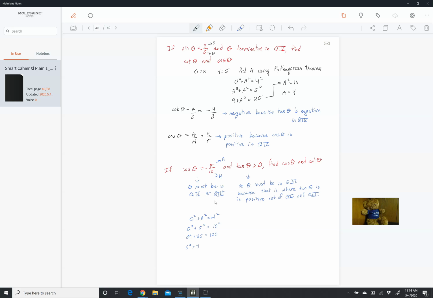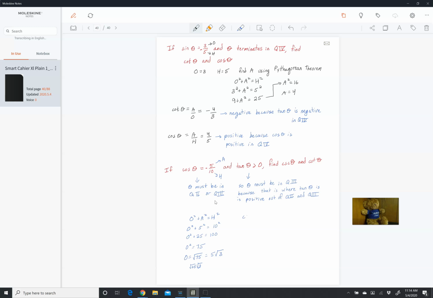O squared is equal to 75. O is equal to the square root of 75, which is 5 root 3, right? This is square root 25, square root 3. So O is equal to 5 root 3. You want to reduce it? You're going to have to reduce it anyway when you give your answers, okay?